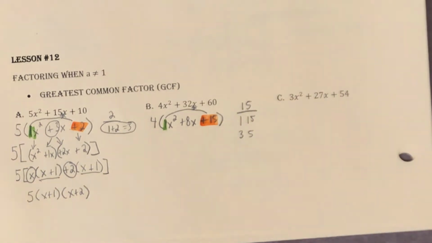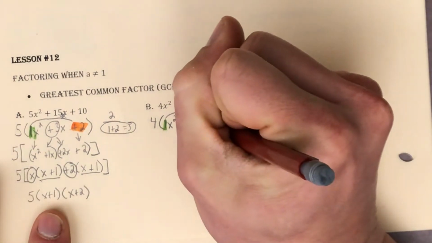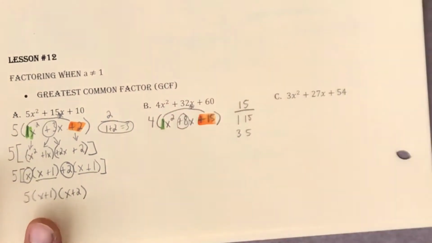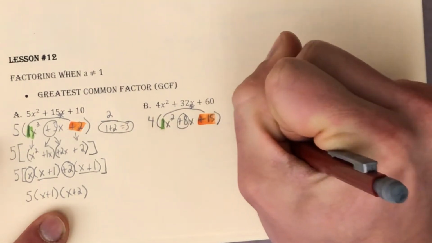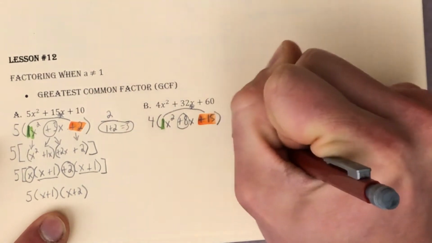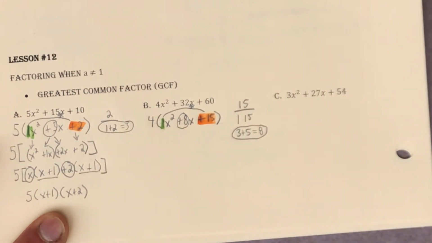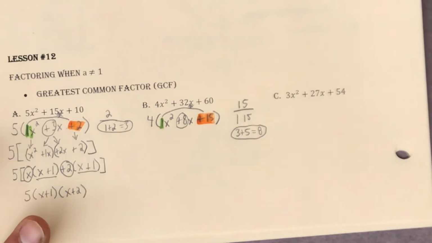Now in step 4, our goal is to figure out which factor pair can equal b. Well, b is right here in front of x, which is positive 8. And I know that 3 plus 5 equals positive 8. So there are the terms I'm going to use. Now we're going to go to step 5, and we're going to rewrite that polynomial.